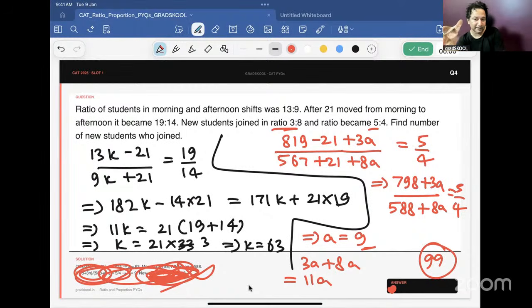I knew that, Aditya. I told you already there are some people who would have forgotten adding 21. How many of you got this right? Okay, Shoaib, you would have found the value of A, right? Was that the case?